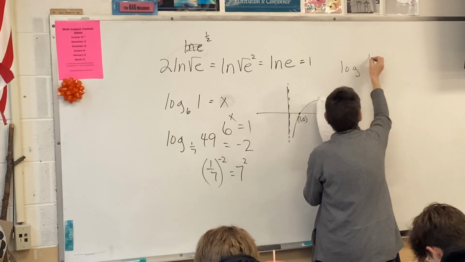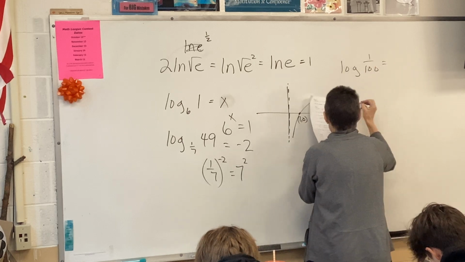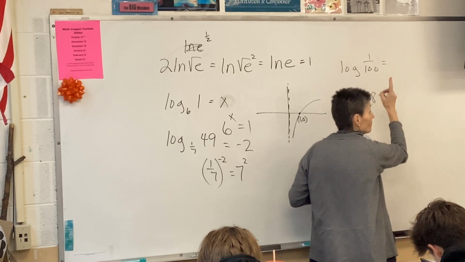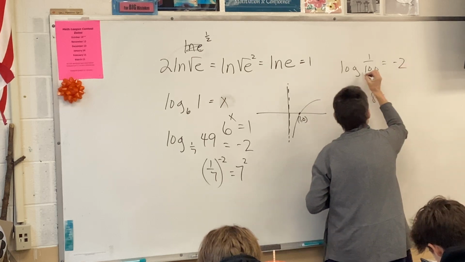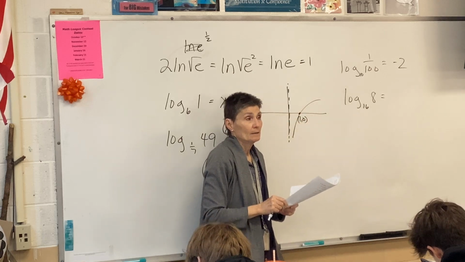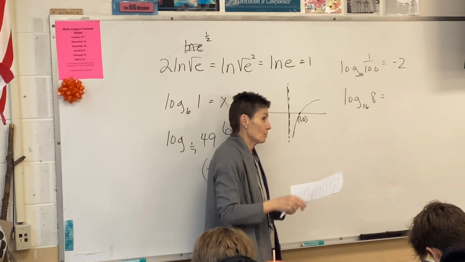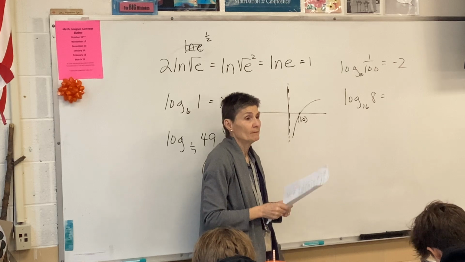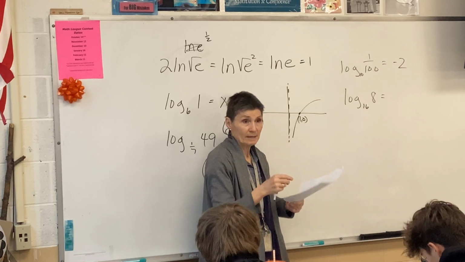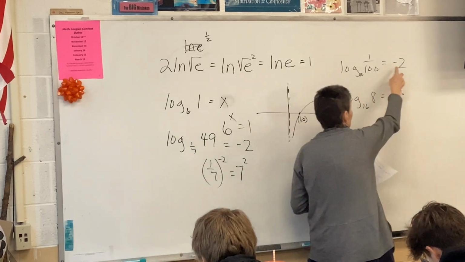The log of 1 over 100. -2, absolutely. Remember, the base on that log is 10. Since it's 1 over, you know your exponent has to be negative. Since 100 is 10 squared, it must be -2. 10 to the -2nd is 1 over 100.